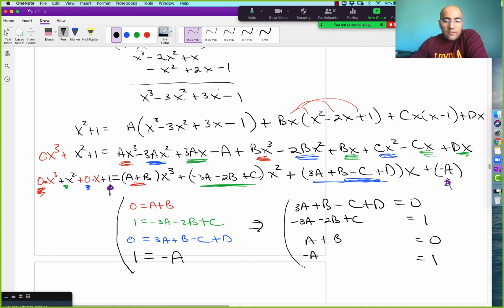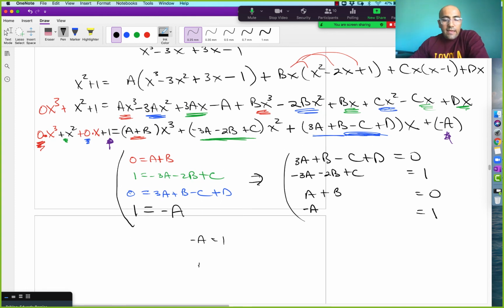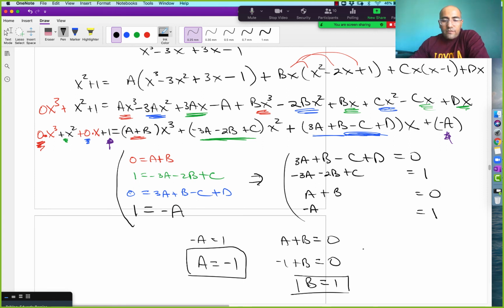So obviously, negative A equals 1 means that A is equal to negative 1. So we have one answer. And then A plus B equals 0 means that negative 1 plus B equals 0. Therefore, B must be equal to positive 1. We have two of them. And then minus 3A minus 2B plus C equals 1.